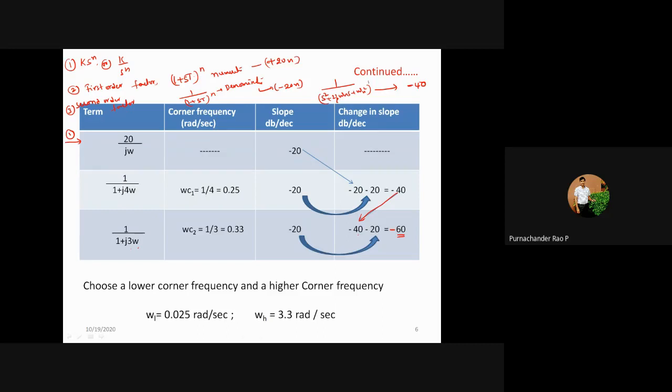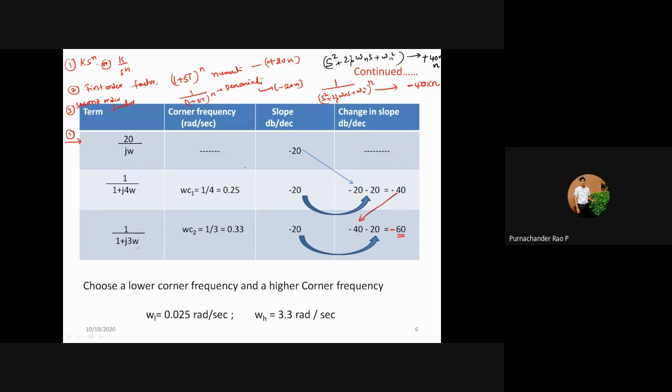If n is there, then this should be considered as minus 40 into n. If this is a numerator factor, s square plus 2 zeta omega n into s plus omega n square, then this will be 40 times n, 40 into n.